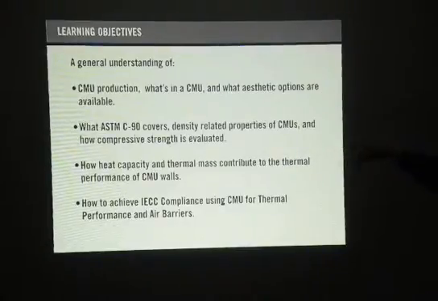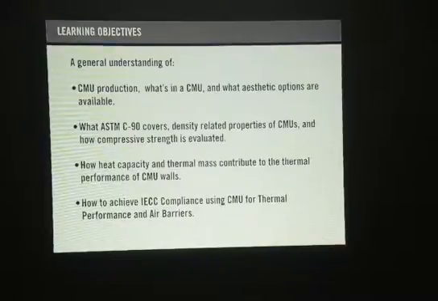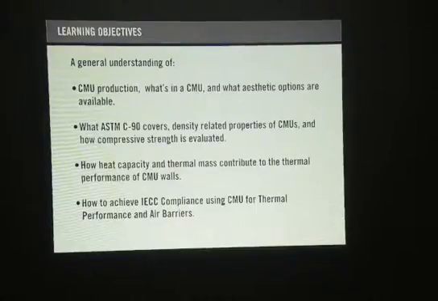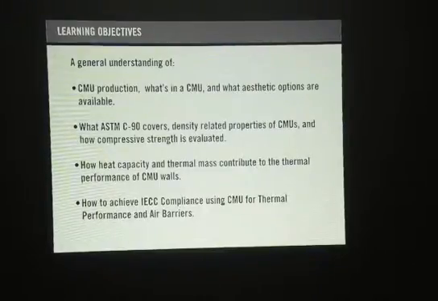Second, what ASTM C90 covers, the density-related products and properties of CMUs, because there are some different densities we're going to look at this evening, and how compressive strength is evaluated. Third, how heat capacity and something called thermal mass contribute to the thermal performance of CMU walls. If you're not familiar with thermal mass, I'll mention a little bit about it as we get into it. And then lastly, how to achieve IECC.